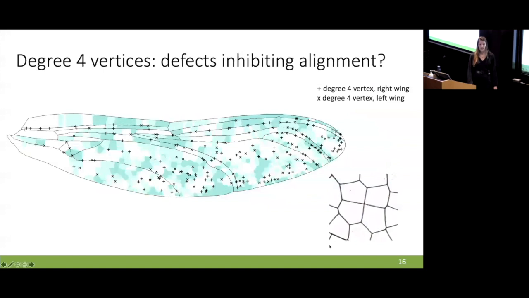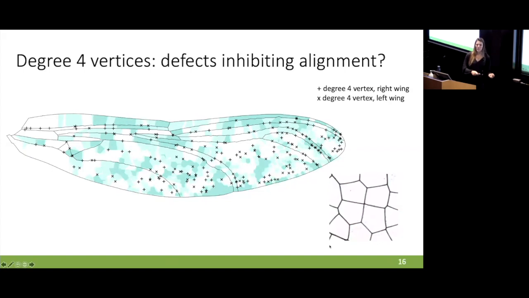But another observation that seems to be messing up the alignment are these degree 4 vertices. So in these wings, most of the vertices are degree 3, so 3 edges meeting at a node, but some of them are degree 4. And if I plot all of my degree 4 vertices on the left and the right wing on top of my alignment, then I'll kind of see that the X's occur in the white spaces.